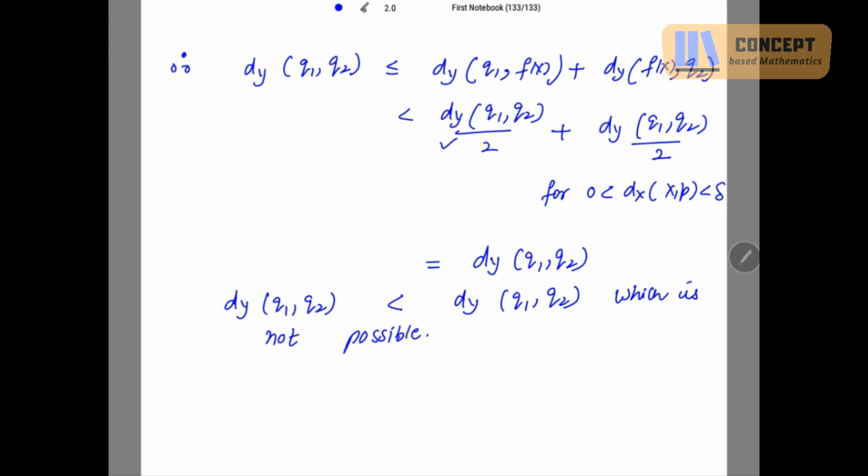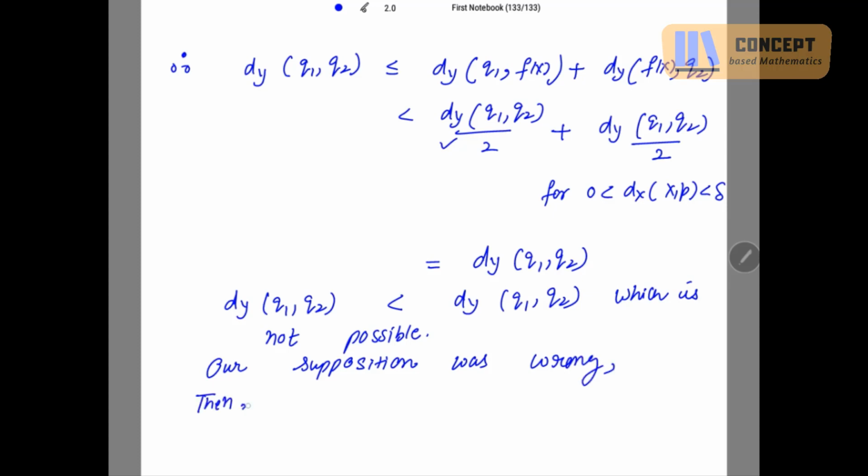So here the contradiction comes. So our supposition was wrong. The limit which I have taken, that limit must be unique. Our supposition was wrong.